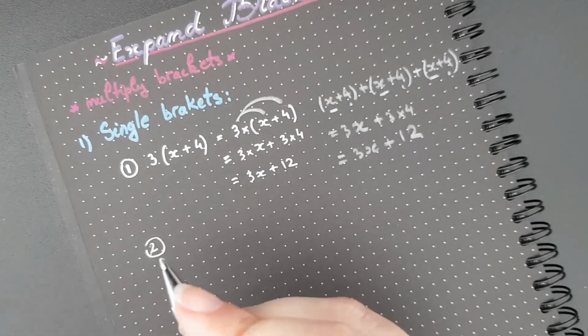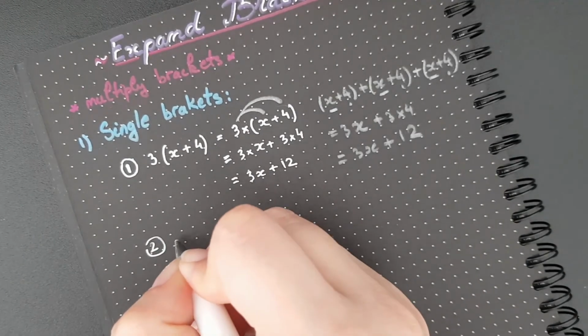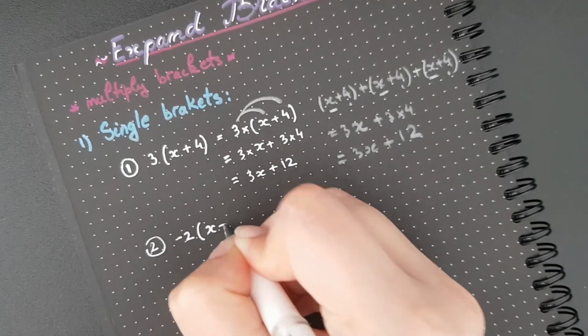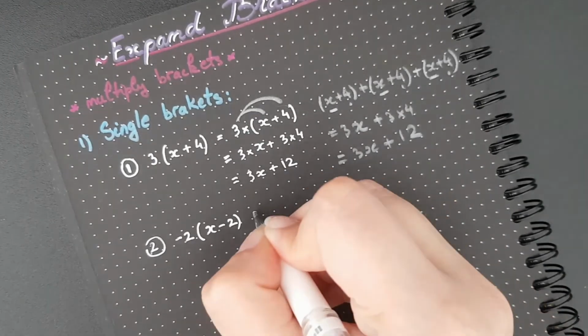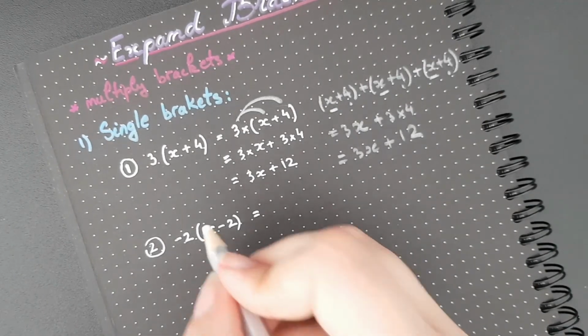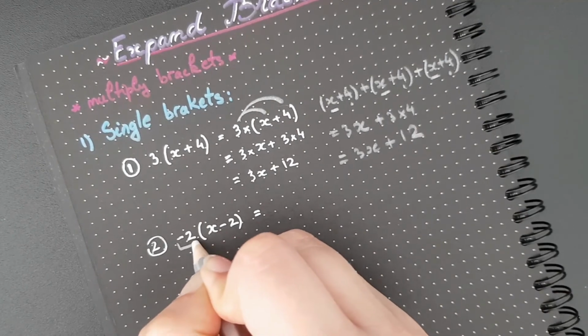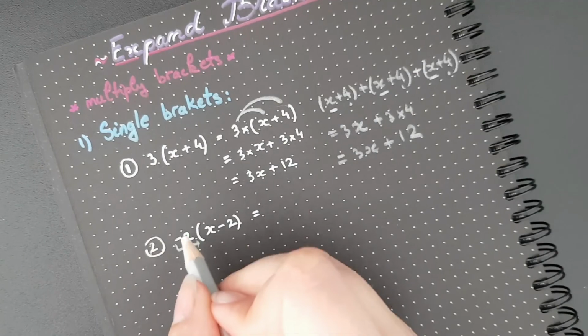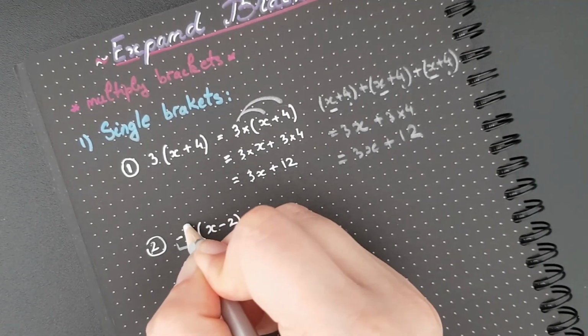Second example, I'm going to go with a negative number in front. So I've got negative 2 times, let's go with x minus 2. I'm gonna go straight on to the method, but I want to make sure I don't make any mistakes, because I'm multiplying all of the negative 2 by the first thing and all of the negative 2 by the second thing in the bracket.